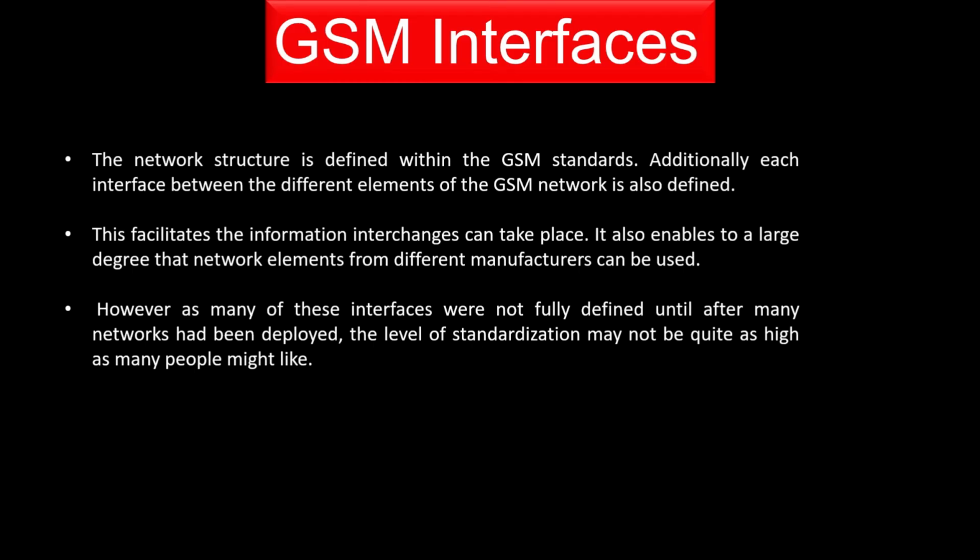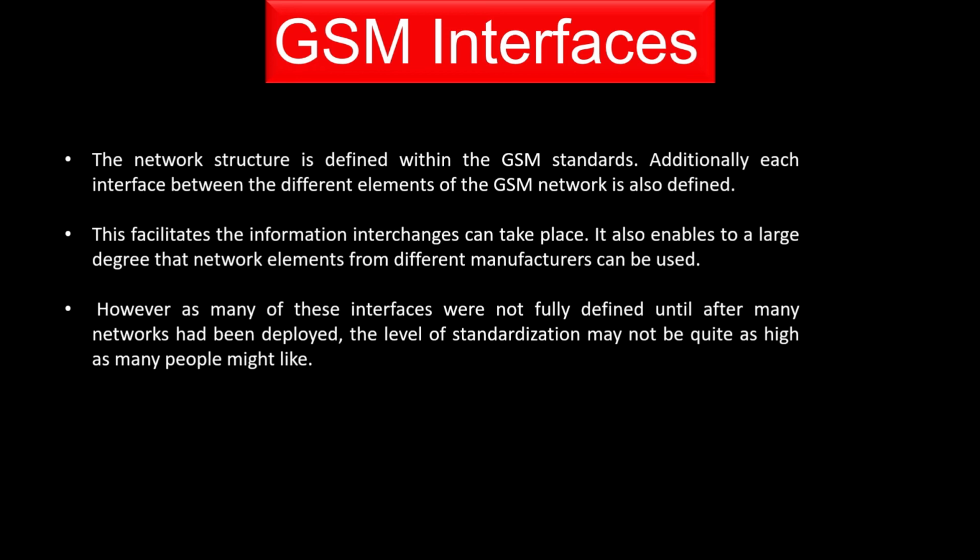GSM interfaces. The network structure is defined within the GSM standards. Additionally, each interface between the different elements of the GSM network is also defined. This facilitates the information interchanges that can take place. It also enables, to a large degree, that network elements from different manufacturers can be used.